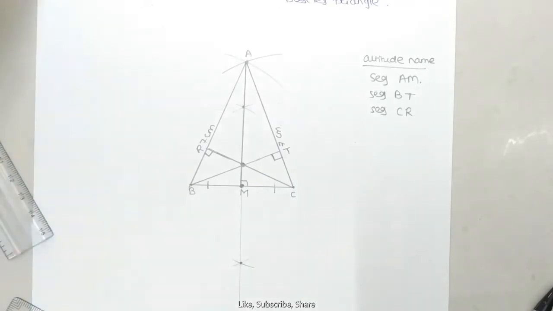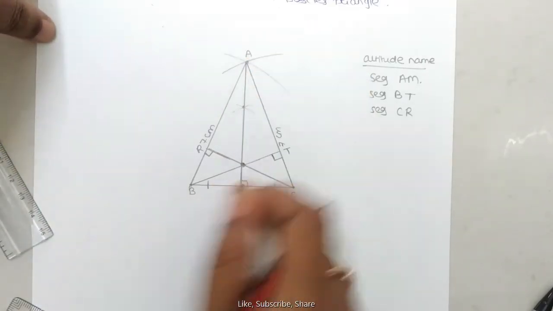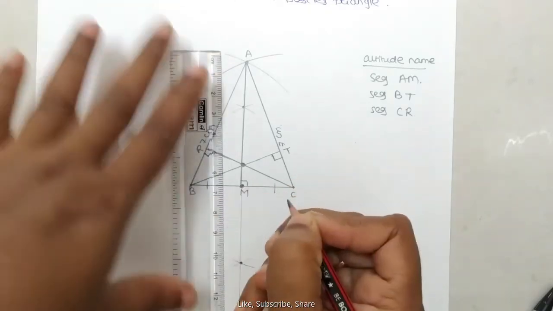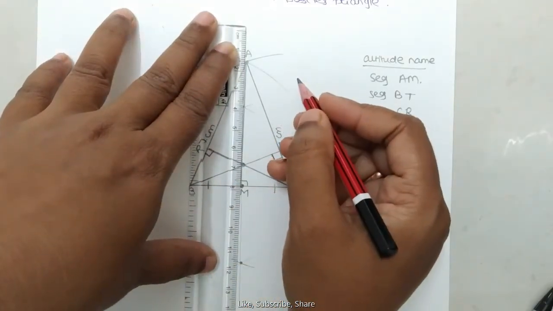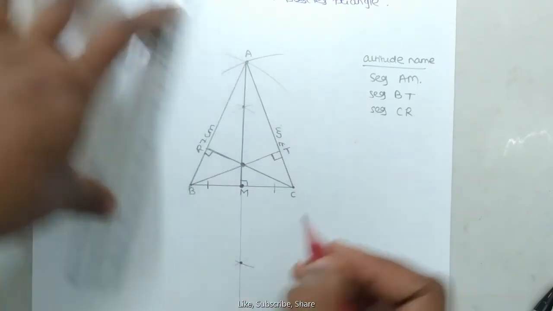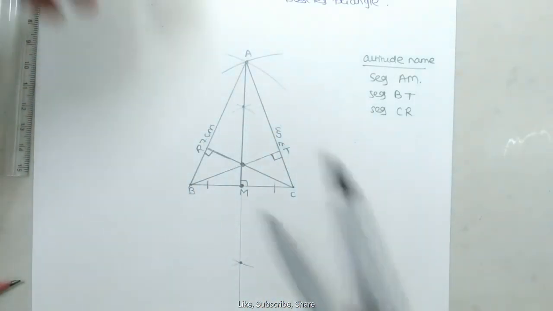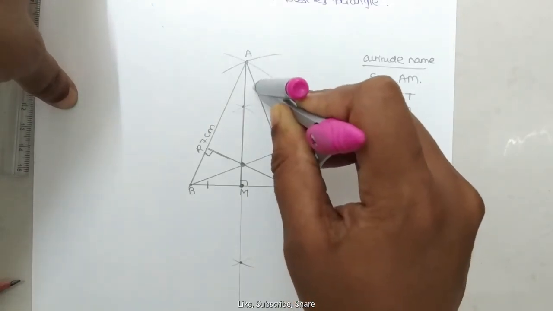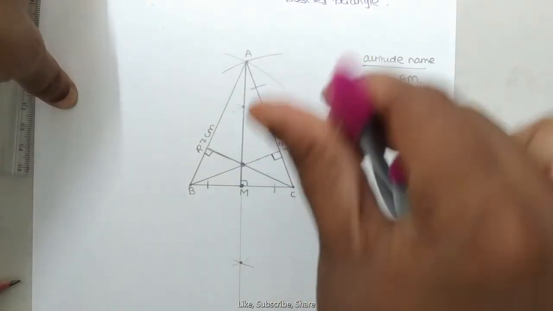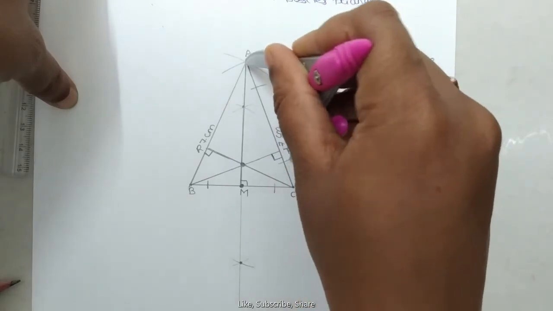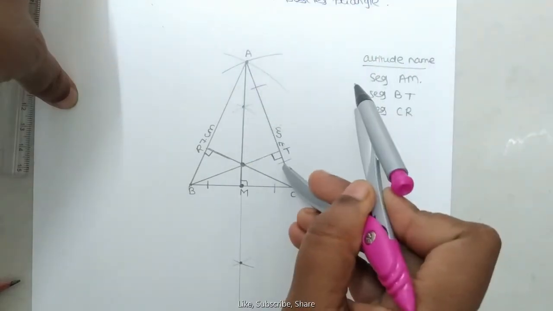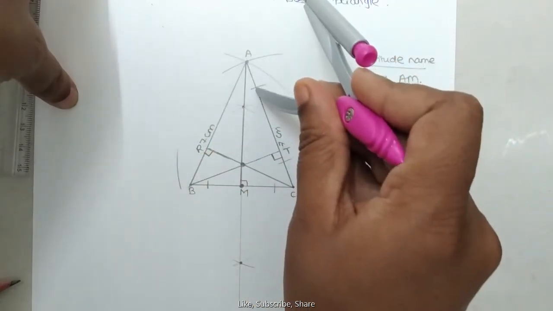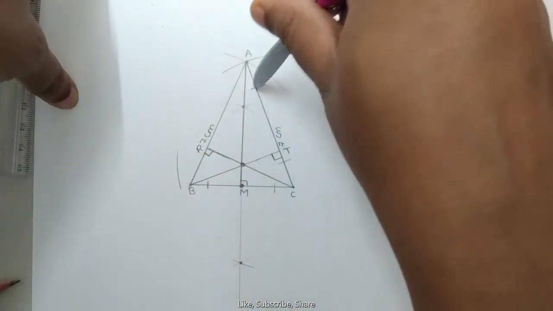Now next, this one is the midpoint and draw the median. That means the same line is there. Correct? Now this is for the first one. Now next, for this, we have to take more than half. Draw one arc here, one arc here, and cut this arc.